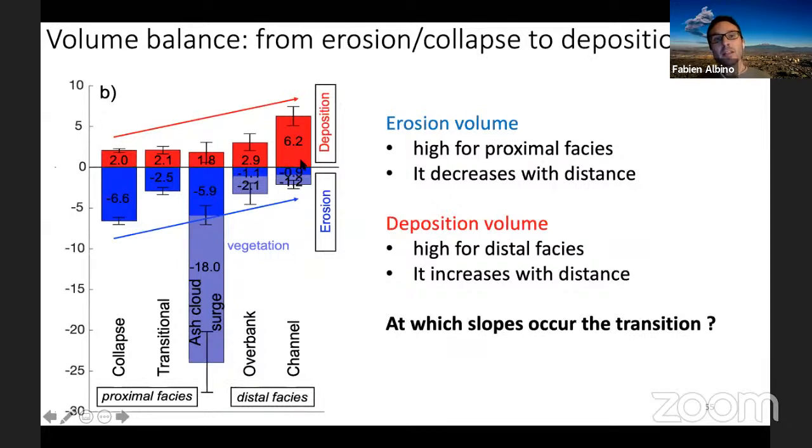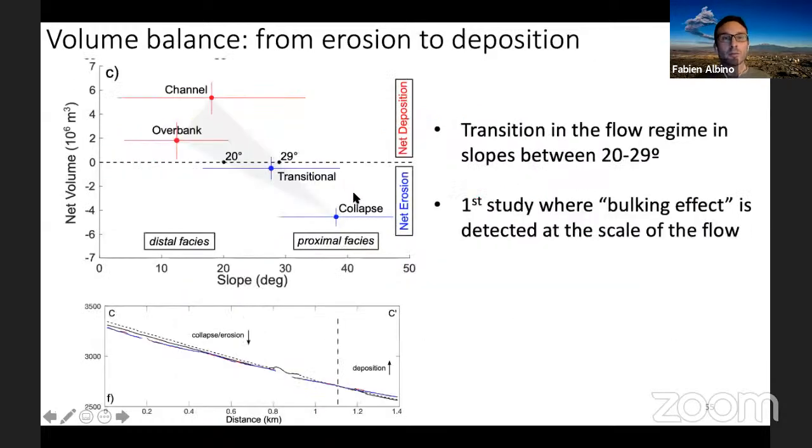One interesting thing is to try to understand at which slope value this transition occurs, so at which slope you have the transition between these two phenomena. We looked at the mean slope for each different facies. Here you have a plot that shows the net volume as a function of the slope in degrees.